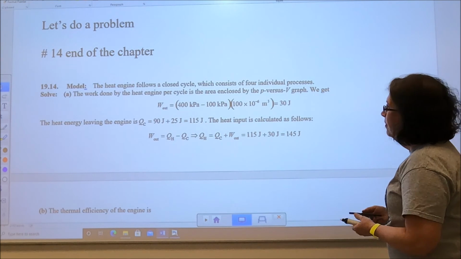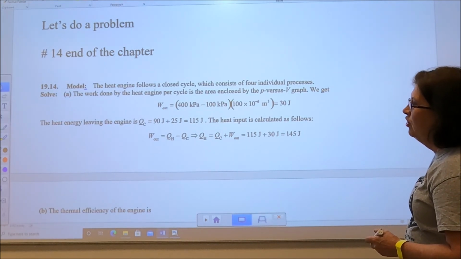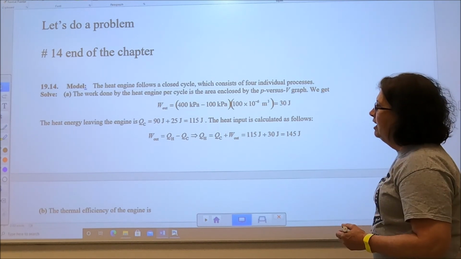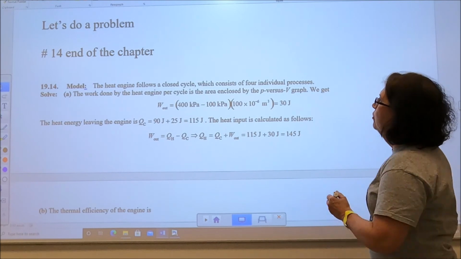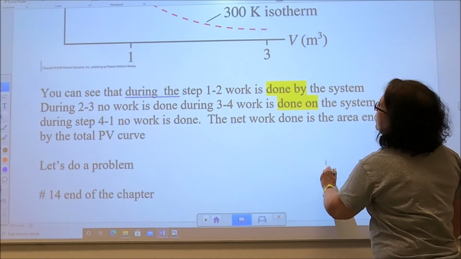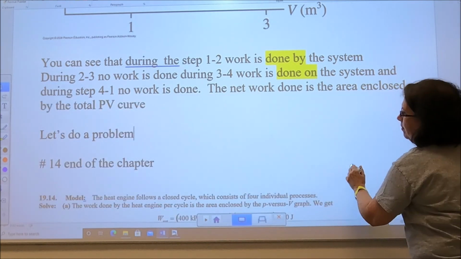Okay, guys? It says the heat energy leaving the engine, QC, is equal to 90 joules plus 25 joules, so 115 joules. See, they didn't give us that directly on that problem.